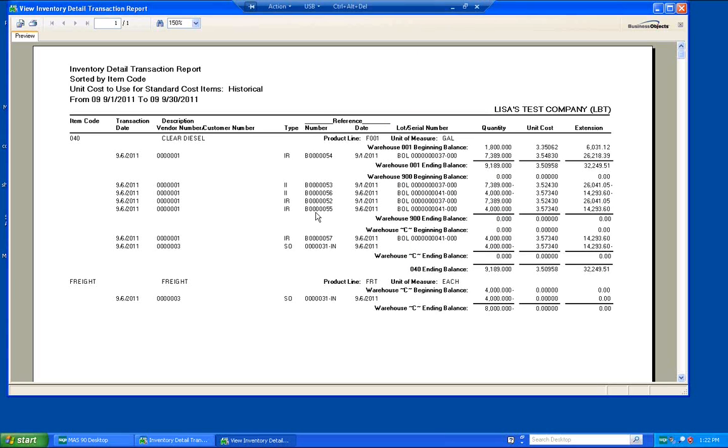We start out with reference B55. Here I'm receiving the 4,000 gallons in. B56 is taking it out. We're offloading it off the truck, putting it into the C warehouse, and we have the invoice then relieving it at all the correct costs.